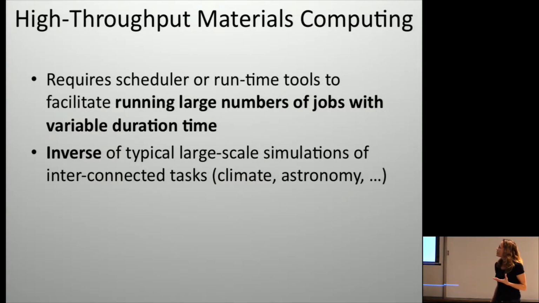So what we've done is basically, we have to develop schedulers. We have to develop tools that make it easier for us to run on these large high-performance computing centers. And it's really the inverse of a typical large-scale simulation. So things like climate or Monte Carlo or astronomy, they can just use these nodes over thousands and spit out, and they use the whole cluster for 2 hours, and they get their answer back. I can't do that.